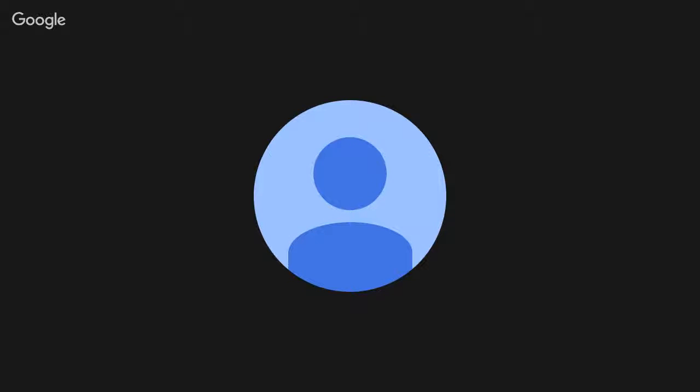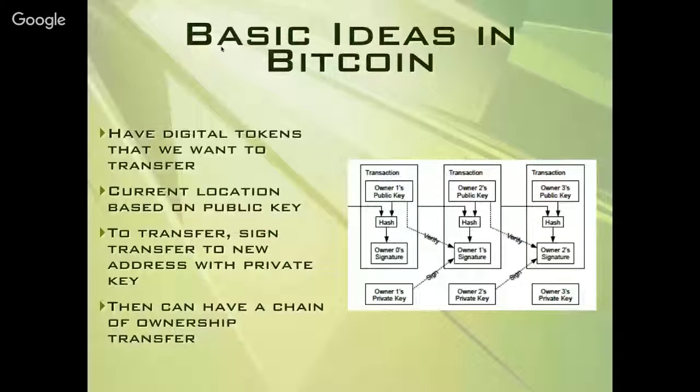Tokens you can transfer between people. Some sort of digital token that I can send to you and you can send to me over the internet. You want to have a current location where that token lives, and that's identified by a public key of a public-private key pair.